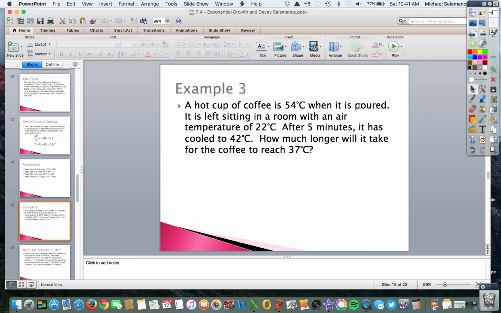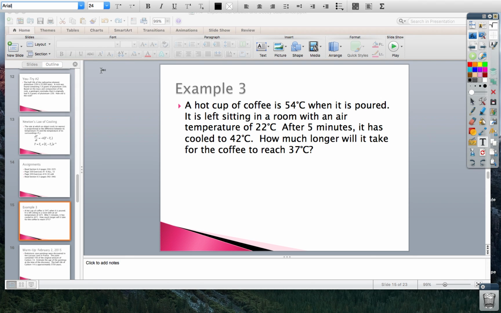So a couple things we want to note here. We know that the initial temperature is equal to 54 degrees. We know the temperature of the surroundings is equal to 22 degrees. We know the time is 5 minutes. And we know that the final temperature is 42 degrees.